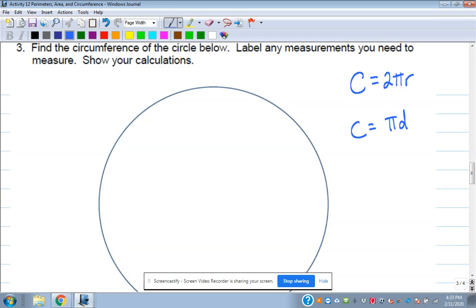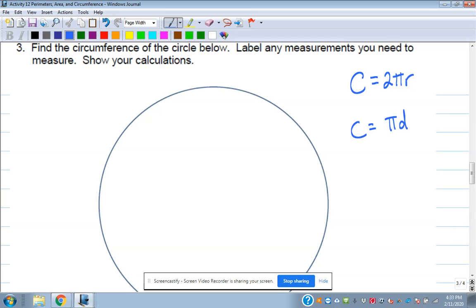All right, so the idea that I kind of like to employ is to take your ruler, and you got your circle laying there. You take your ruler and find the edge here. It's going to be somewhere in this area of the circle, right?